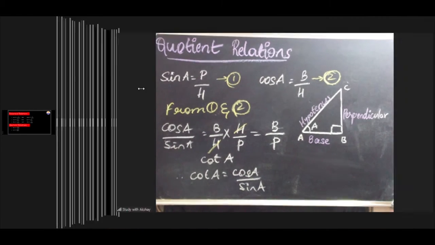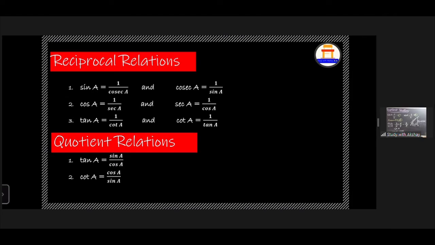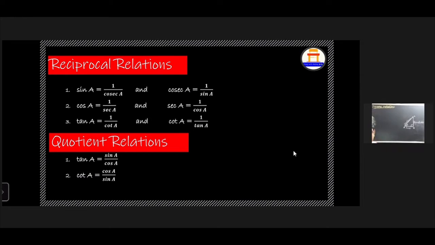Let's see in the toggle window. Is that correct? Yeah, it is correct. If all these are clear, let's move further with the next type of relation as square relation.